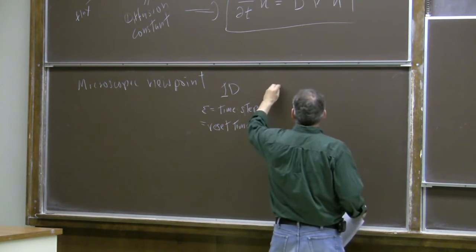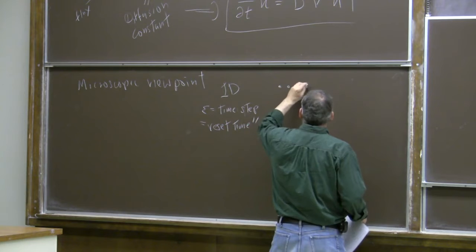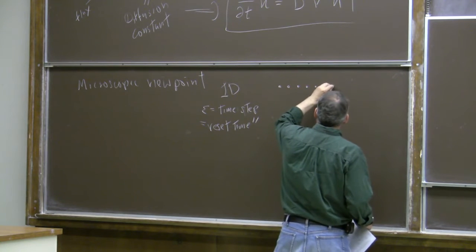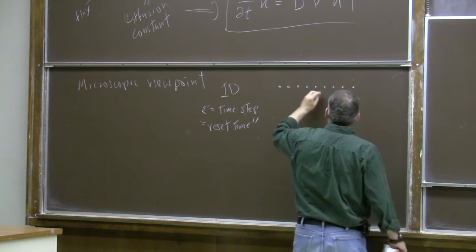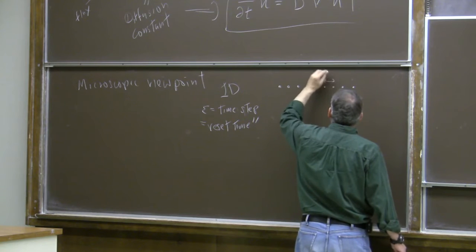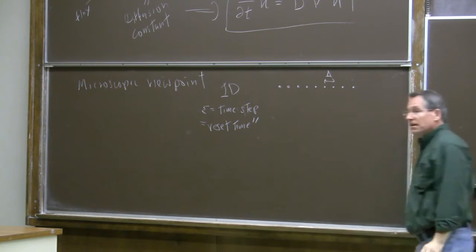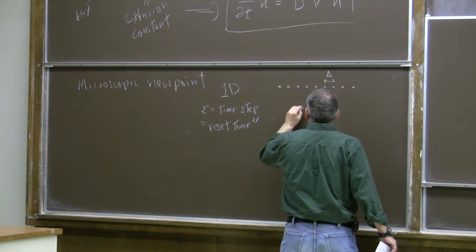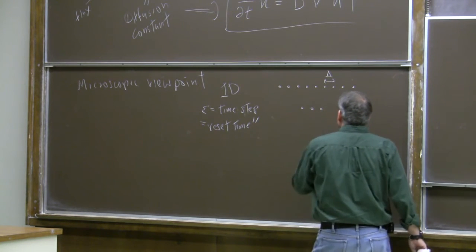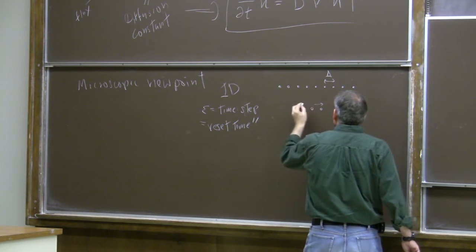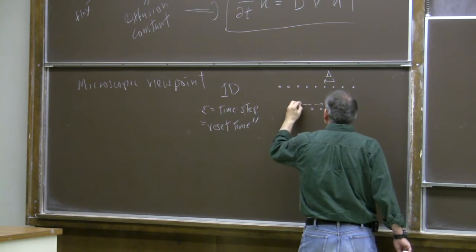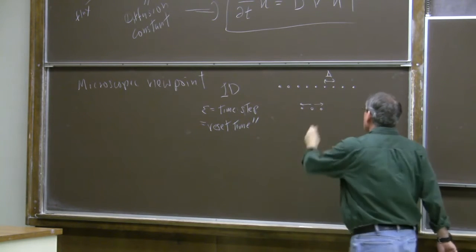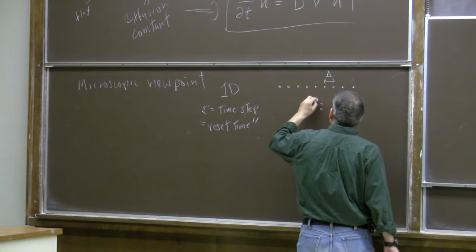And we can imagine describing the motion on a lattice with equally spaced sites, with spacing between the sites, which I'll call delta. And in each time step, the particle will take a step either to the neighboring site on the right or the neighboring site on the left, each occurring with a probability equal to 1/2.